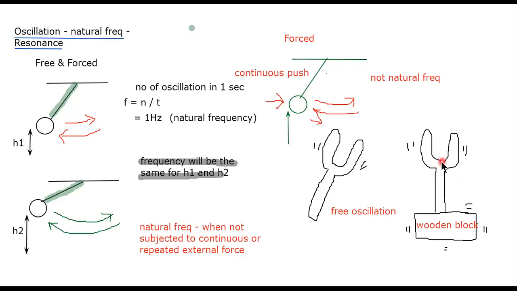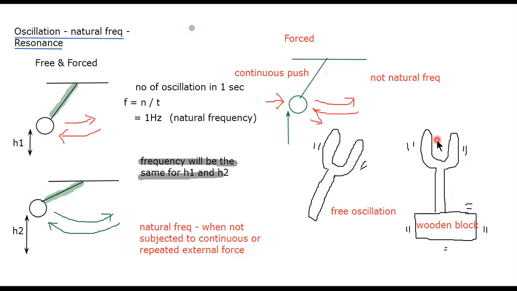In fact, if you attach the tuning fork to the wooden block, when you strike it, you will find the sound is louder compared to without the wooden block. That one we will come to later. That is something called resonance. So the second diagram, as you strike it, you will hear a louder sound. Same concept with the guitar.